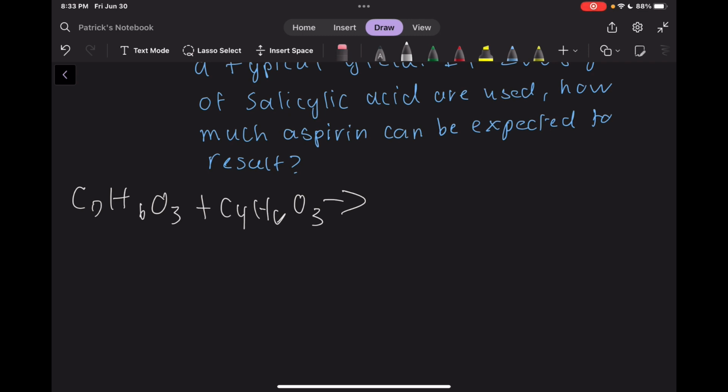Right then, those are our reactants. Our products are aspirin, the technical term of which is acetyl salicylic acid, C9H8O4, and acetic acid, C2H4O2. Just from looking at this reaction, we see that the numbers of carbons, hydrogens, and oxygens are the same on both sides, so the equation is balanced in its current form.